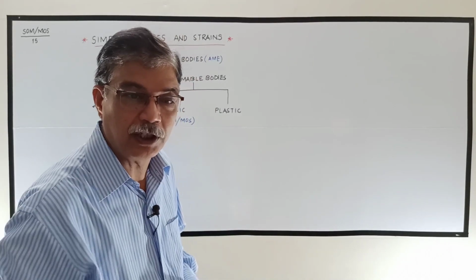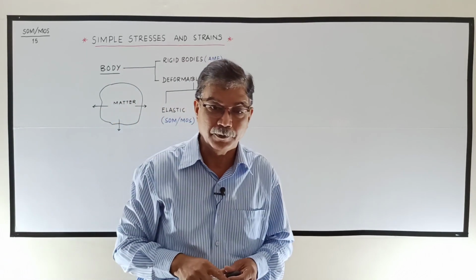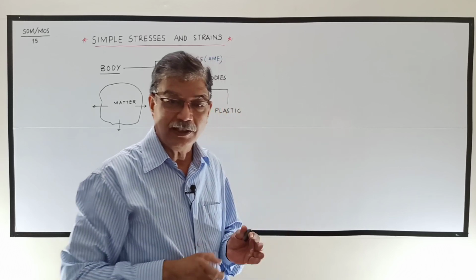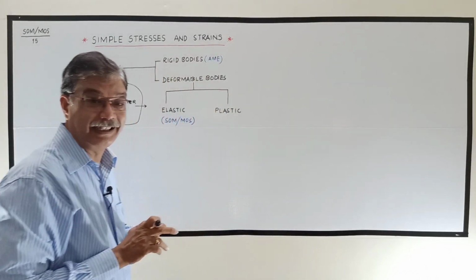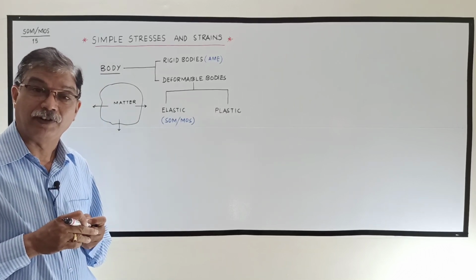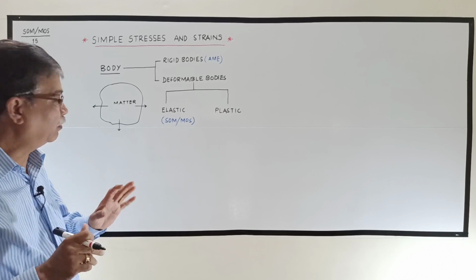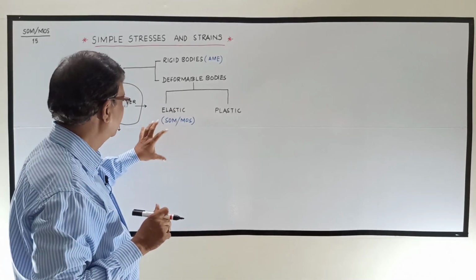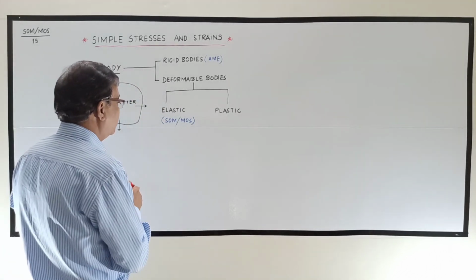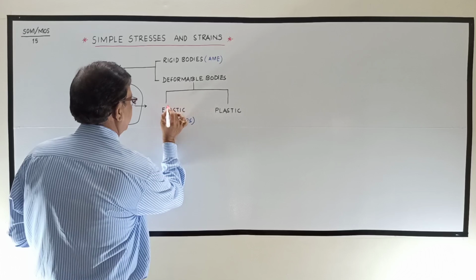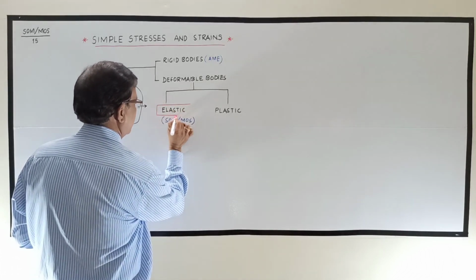Okay, so this is the first one, that is body. Now let us go for the next one, that is what are the different loads which are acting on the body. You have to keep in mind one point: hereafter in SOM or mass, whenever I say a body, that body will always be an elastic body.